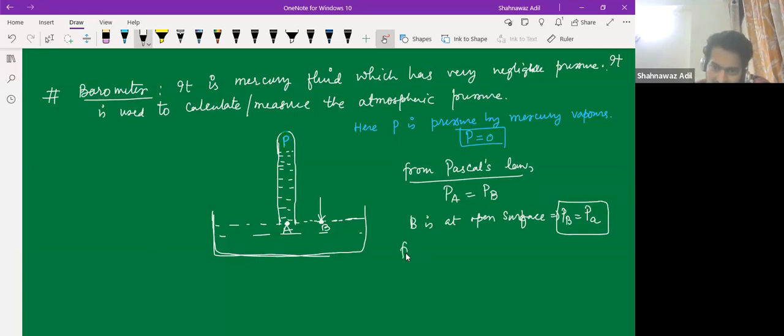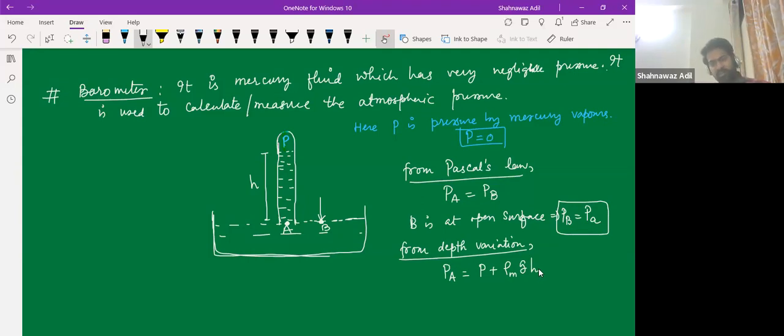From depth or height variation, let's say this height is h. From the depth variation relation, what would PA be? PA would be P plus density of mercury, g and h.